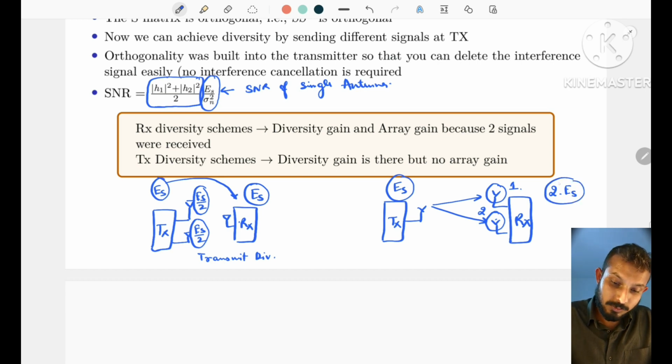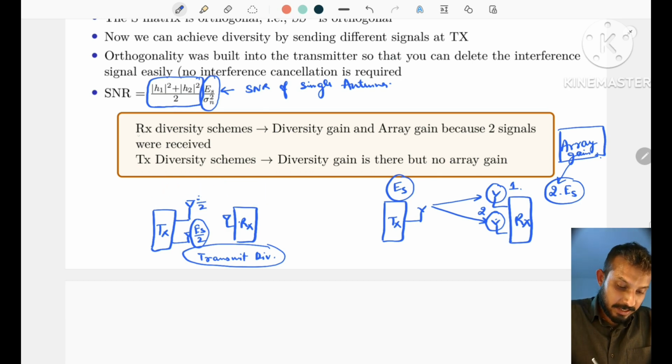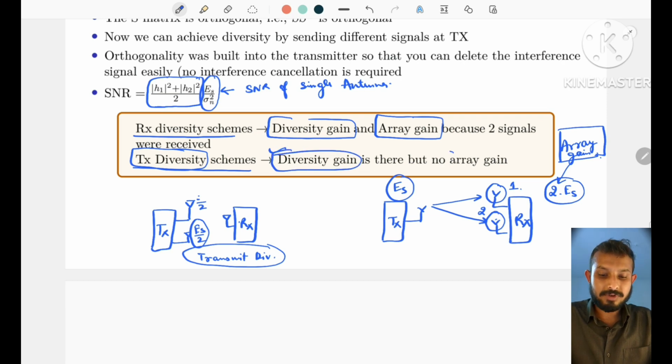This is why you have array gain in case of receiver diversity, whereas in case of transmit diversity, you do not. So the difference is that in receiver diversity schemes, you have diversity gain and you also have array gain, whereas in transmit diversity schemes, you have diversity gain but you do not have array gain.